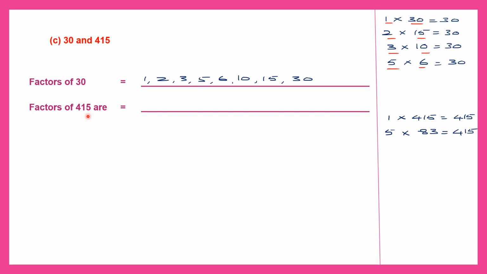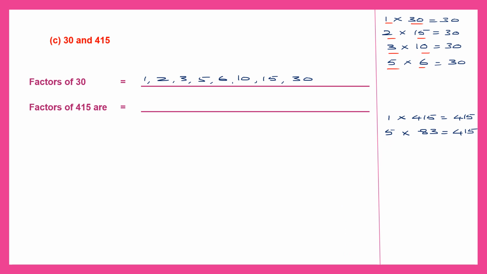Now, is 415 divisible by any other number? Since it's ending in 5, let's see whether it's divisible by 15 or 25, numbers ending in 5, which can give us 415. So after 5, let's take 15 and see.